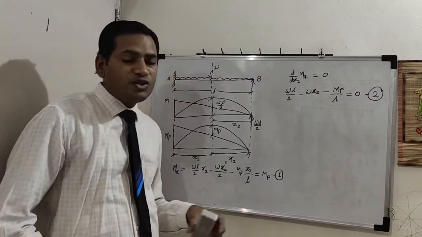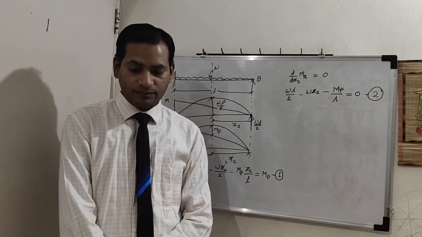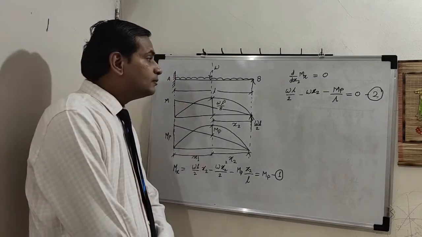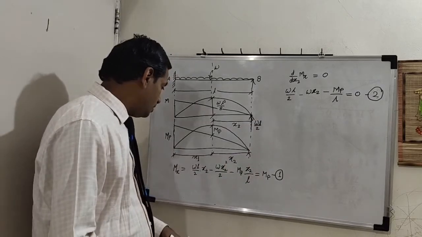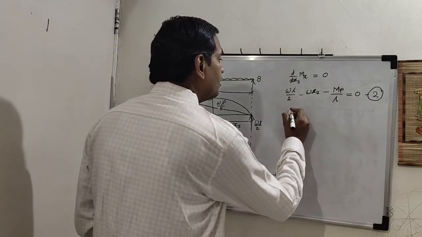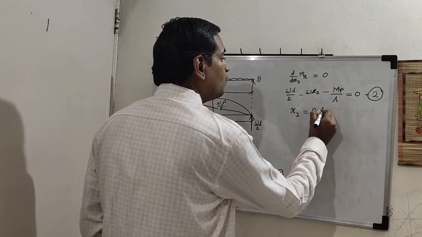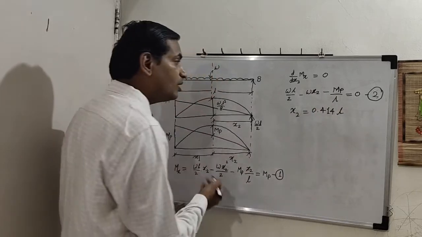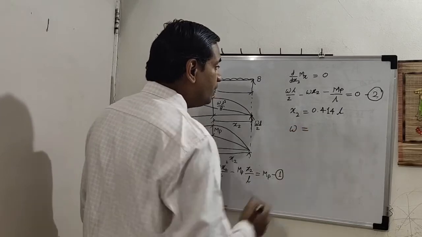Now solve equations 1 and 2 simultaneously. So we will get x2 is equal to 0.414 times L. Another variable is W, that is collapse load, which is what we require.